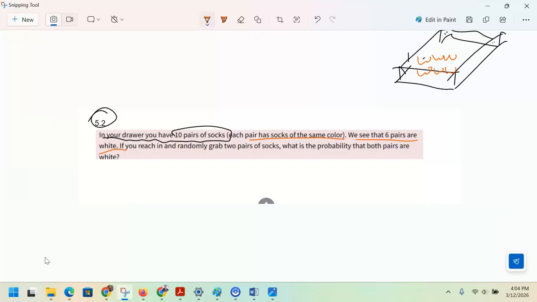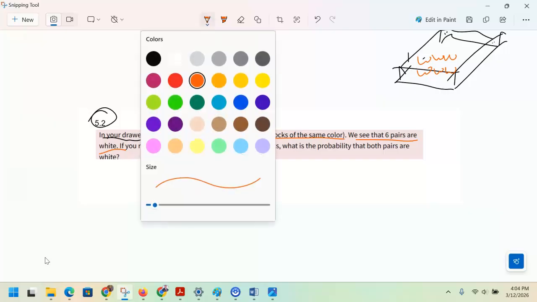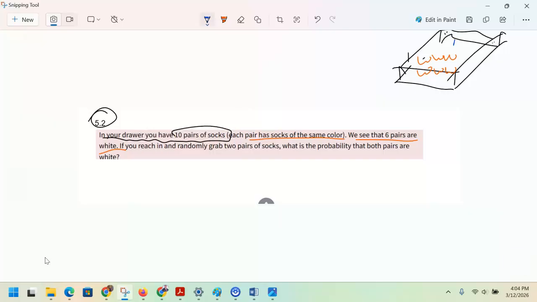That means the remaining are non-white. So let's put blue as non-white. I'll write non-white, non-white, non-white, non-white. 4 of them. Altogether 6 and 4, 10 of them.